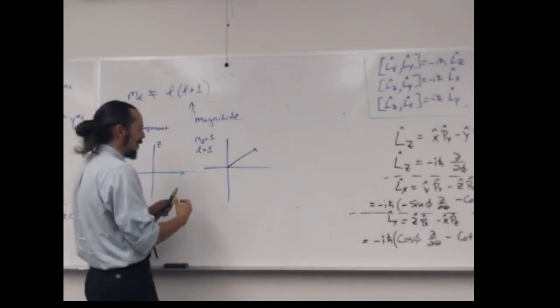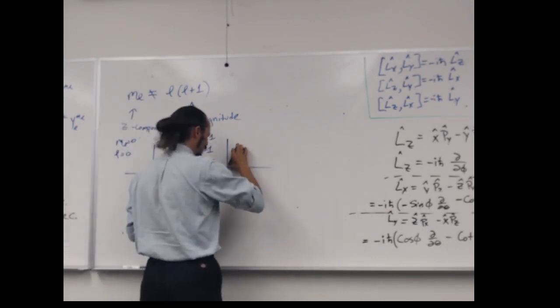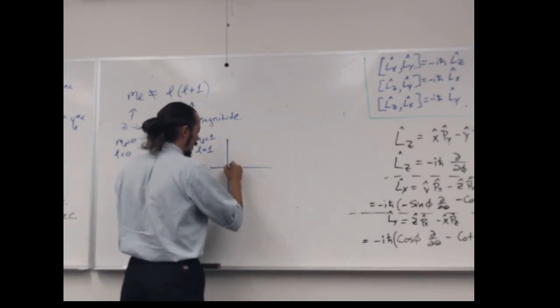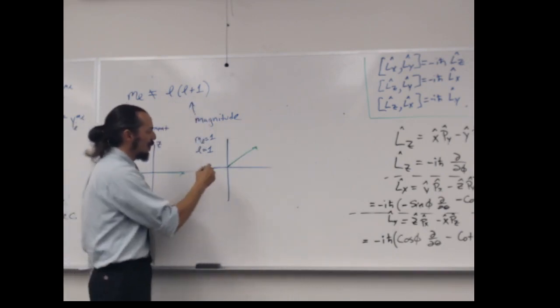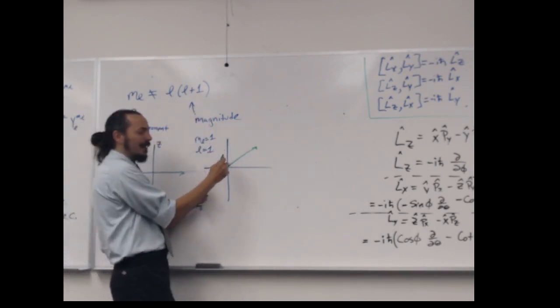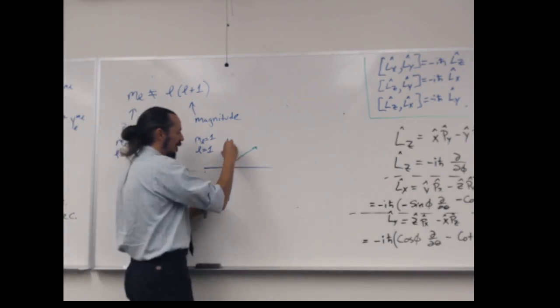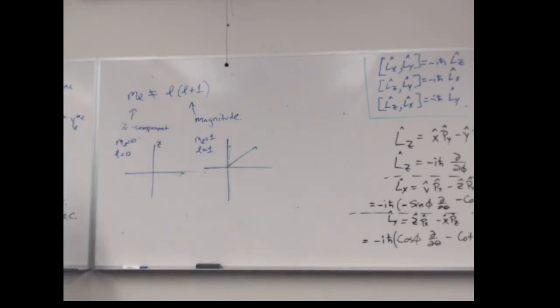But my Z component here, what colors do I want to use for this? So if that vector is length 2, if I just looked at the Z projection, it would have a length of 1. It wouldn't be the full length of it.